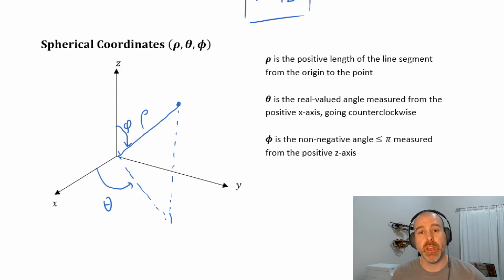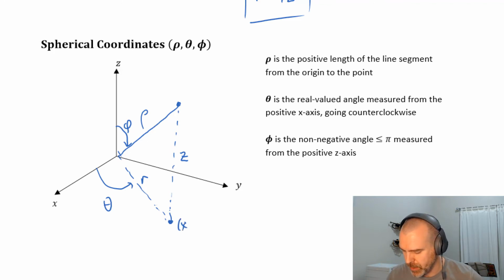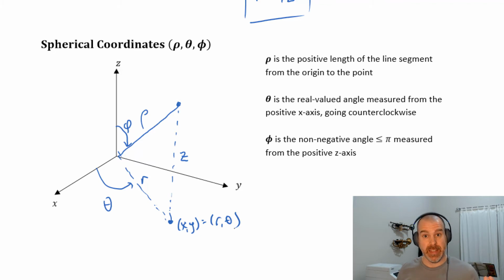So the relationship here with rectangular coordinates is where there's still a vertical z. Somehow we'll have to figure out how that's connected. And then there's this r, which is the connection to the polar coordinates. The r is the distance below it here in the xy plane, r theta. So the theta is the same as for cylindrical or polar.